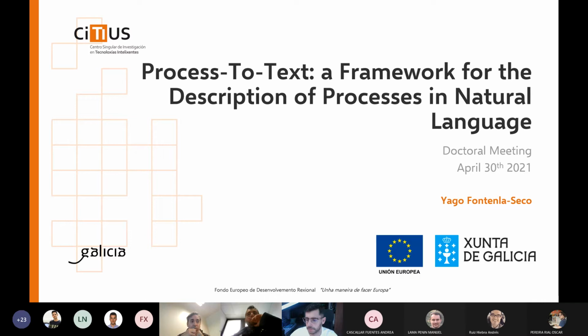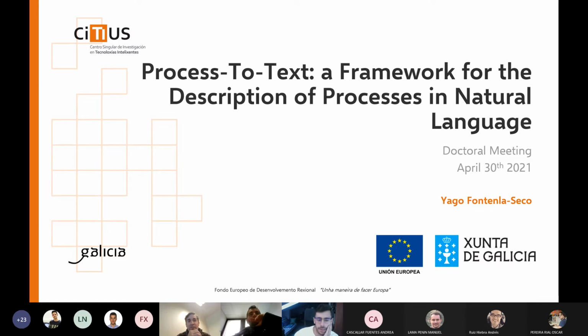Then I wonder whether you are considering also providing a visual version of the original process model that is consistent with the natural language description provided as well. The challenge would be to make sure that the obtained visual model is consistent not only with the original one, but also with the natural language description. So it's just a comment, in case.